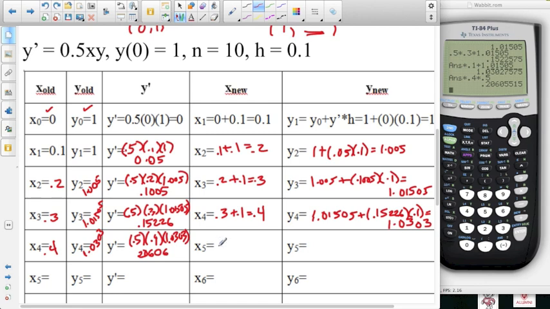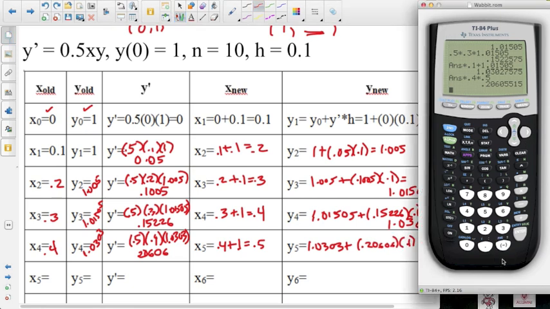Our x5 is 0.4 plus 0.1, which is 0.5. And then, as you can see, I'm playing a trick with the calculator here, where I'm not writing down all the significant figures, but I'm definitely using them in the calculation, and I'm going to keep continuing to do that. So we have 1.0303 plus the slope, which is 0.20606 times 0.1, the step.